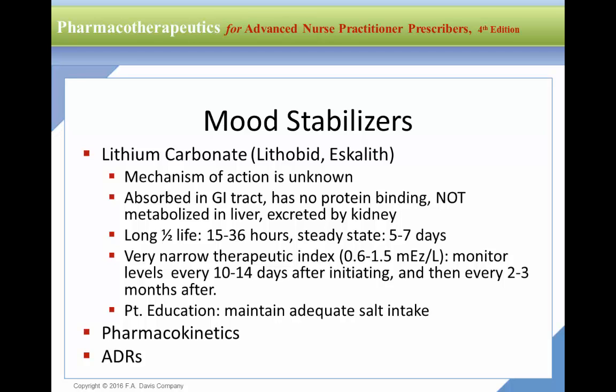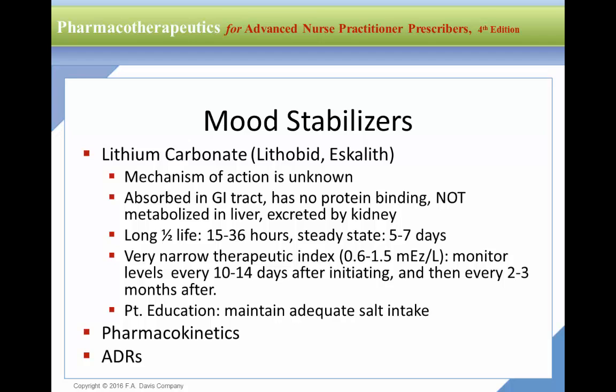And the indicators of toxicity would be tremors, vomiting and diarrhea, polydipsia and polyuria, so mainly associated with water balance. So the patient would have a lot of diarrhea, confusion, stupor, polydipsia, polyuria, up to ataxia. And you must monitor the patient for cardiac arrhythmias. Very, very important.